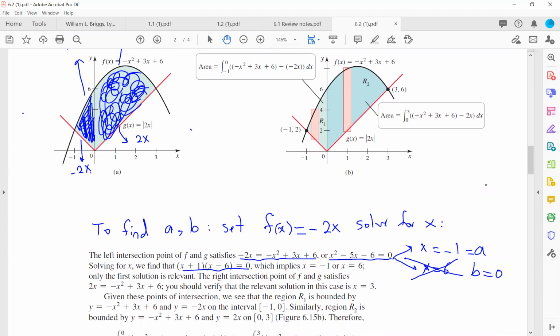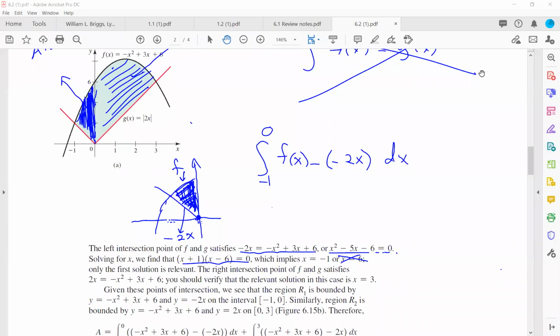This is your area on the left-hand side. This is going down, this is going up. This is the area that we're working on. It doesn't continue on the right-hand side. It just stays on the left-hand side. We have function f and we have function negative 2x. a is negative 1 and b is equal to 0. So this is the area on the left-hand side.